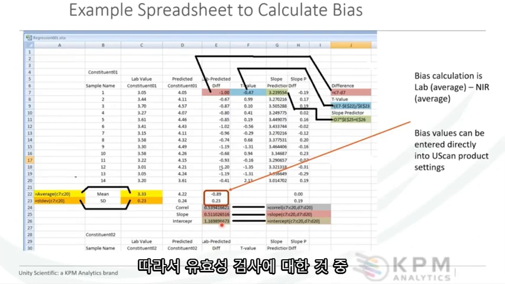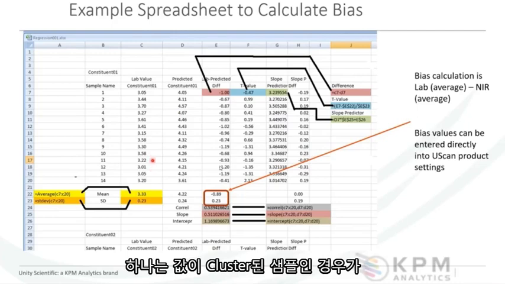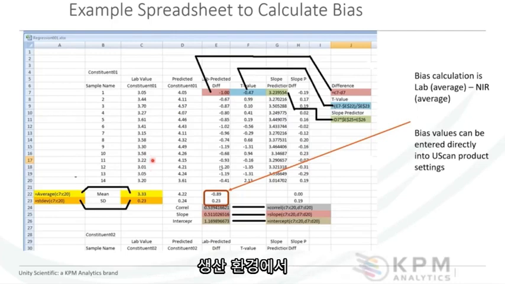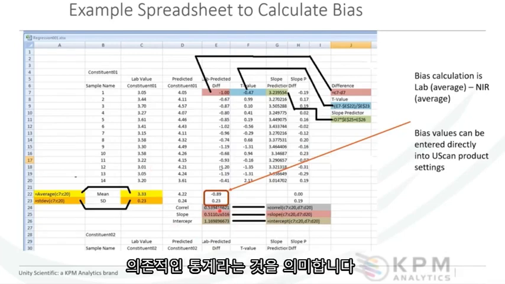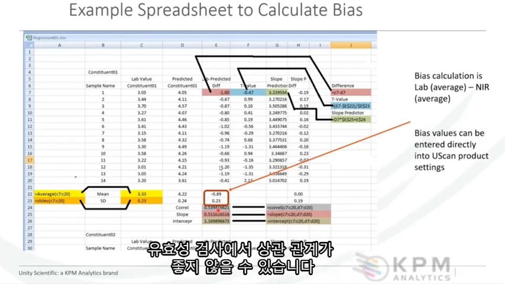One of the things about validations is that there are oftentimes samples that are a little bit clustered in values, because you're working in a production environment. So these samples tend to be clustered around the mean, which means that the correlation, a statistic that's very range dependent, might not be great in a validation.